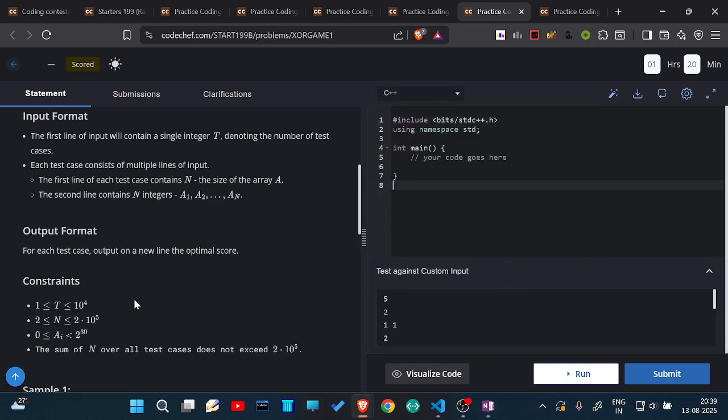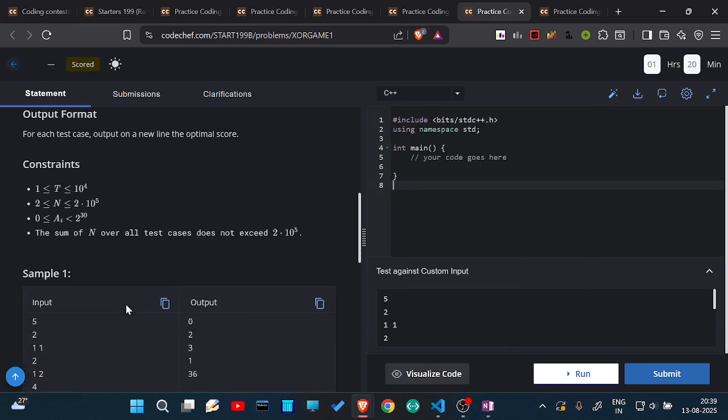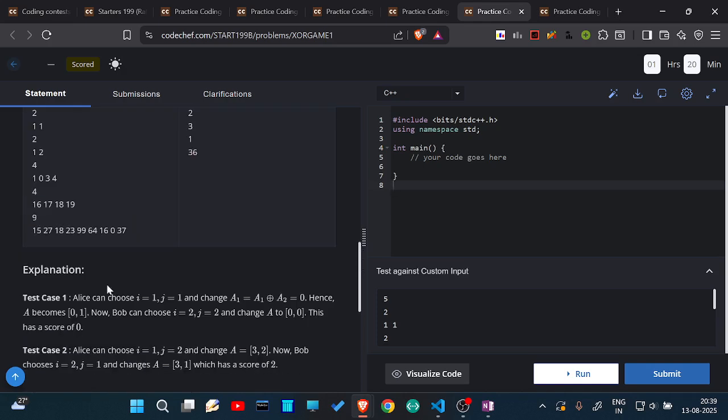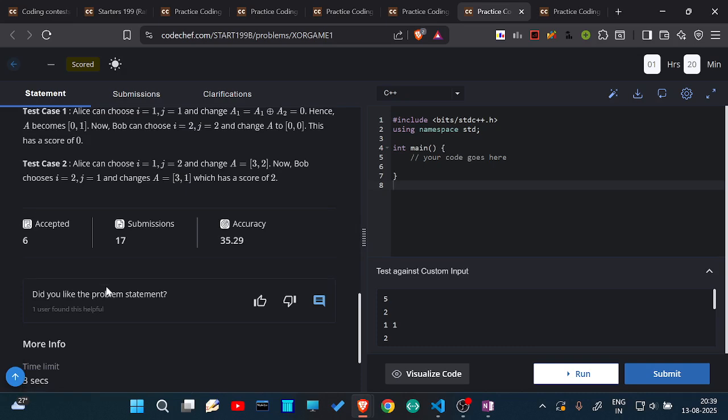Okay. I can solve it in n to the power 4, obviously.